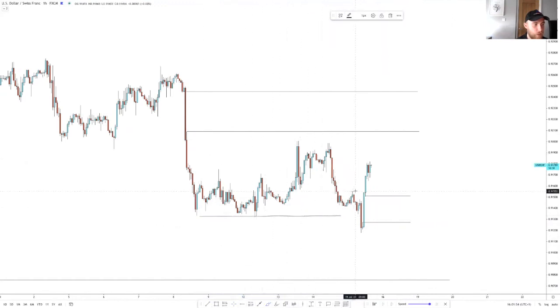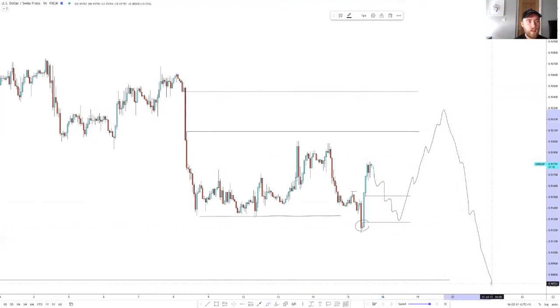I can see we've broken structure to the upside, and potentially there's a reason down here that I could now see the market fall into, tap into, before going and pushing higher and filling the imbalance that was left here, before we then see that continuation to the downside. So hopefully that makes some sense, and you can see how we go about that.